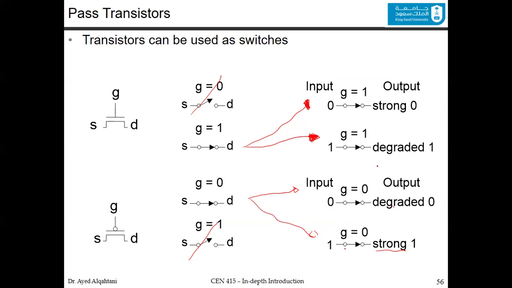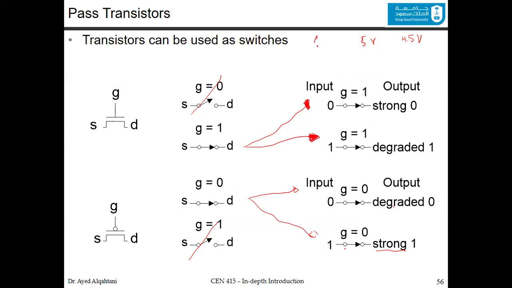Now, what do we mean by degraded? It means that, for example, if it is degraded 1, you know that the 1 is supposed to be 5 volts, because this is the maximum voltage. The degraded logic 1 is not 5 volts, it's maybe 4.5 volts. So it's not really the full 5 volts, it's less than that.